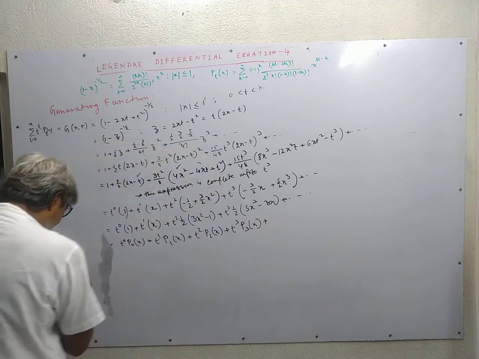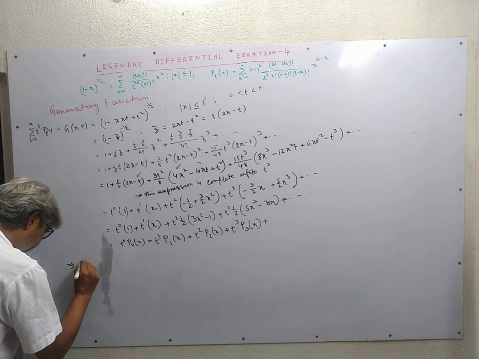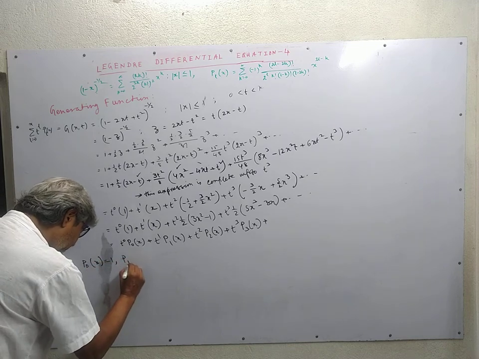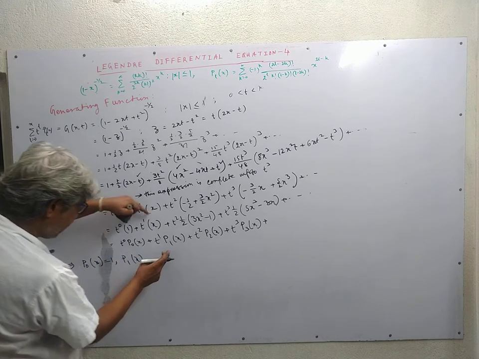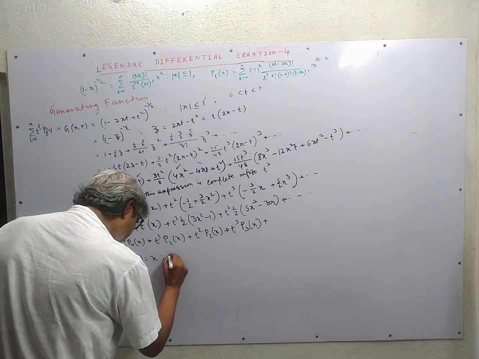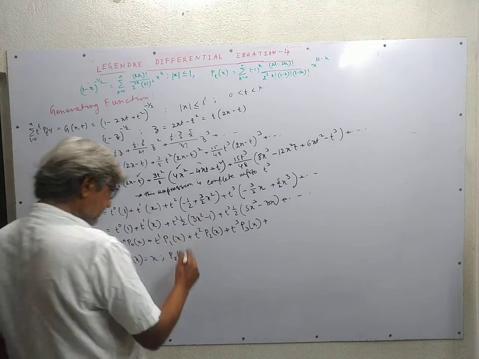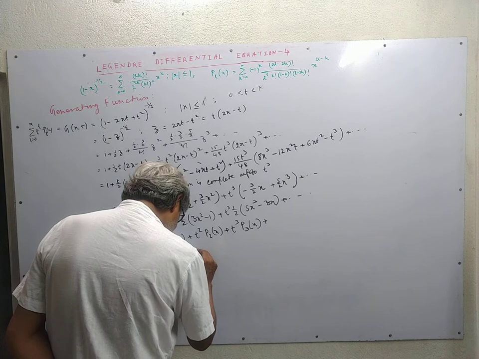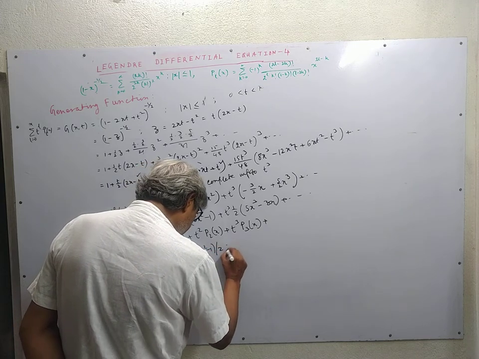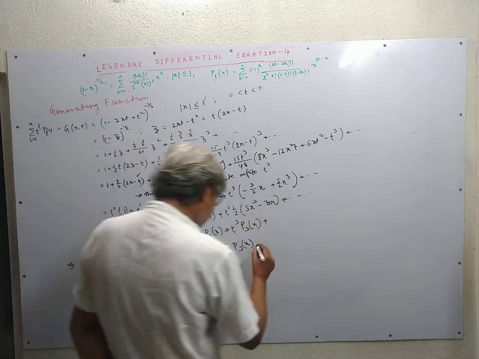So if we collect the coefficient, then we find that p0 of x is equal to 1, p1 of x is simply x, p2 of x, here the coefficient is this, 3x square minus 1 by 2, p3 of x is equal to this much.